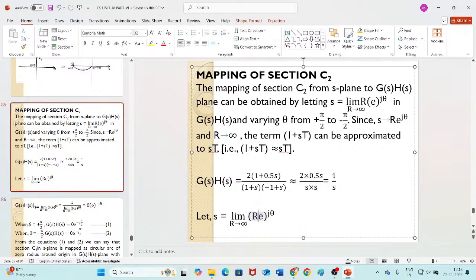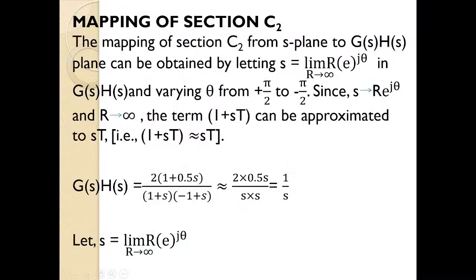Here, R tends to infinity, R e power j theta. Just write down the equations.